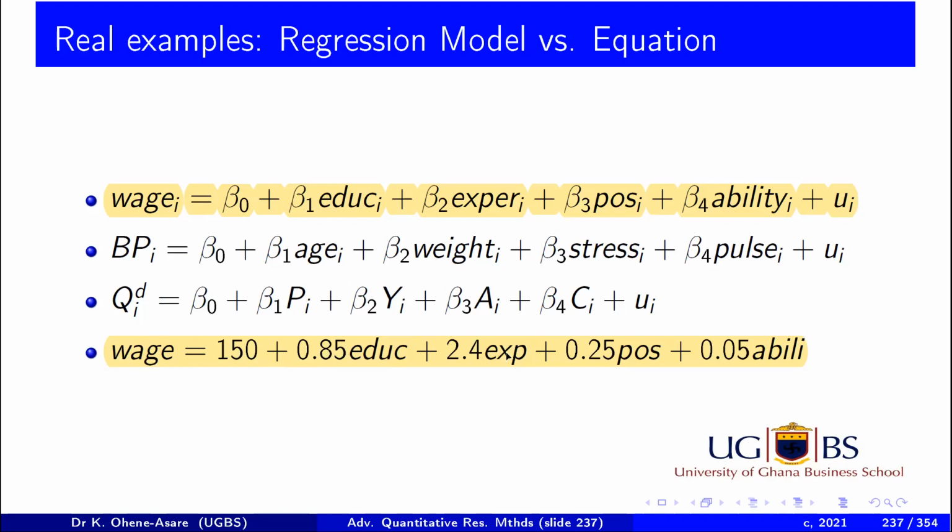But if you increase your experience by 1 unit, the 2.4 means that the wage will rise by 2.4. So looking at those numbers, all things being equal, assuming that they are all measured in the same terms, you can see that experience will increase the wage by more than education will increase the wage.